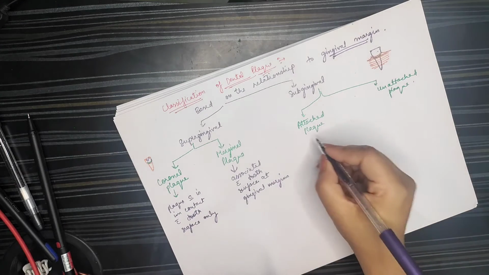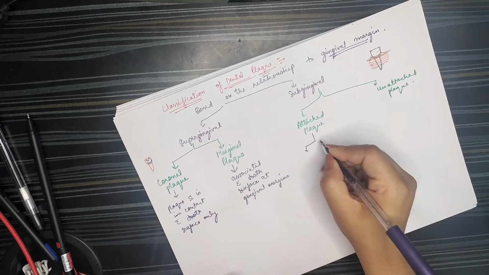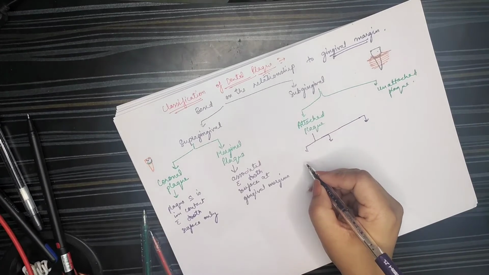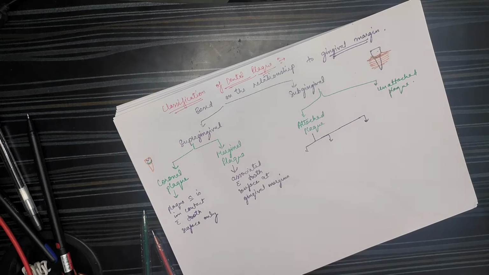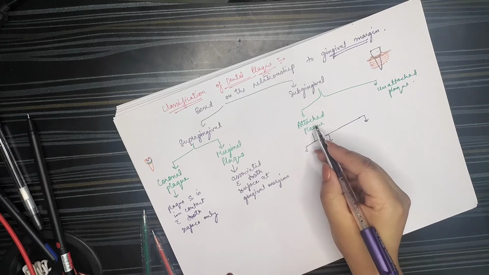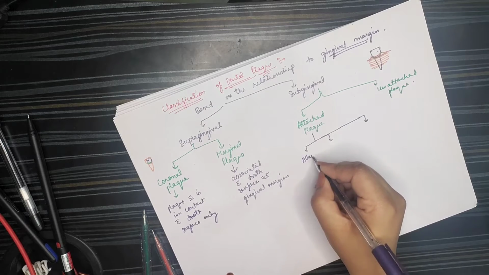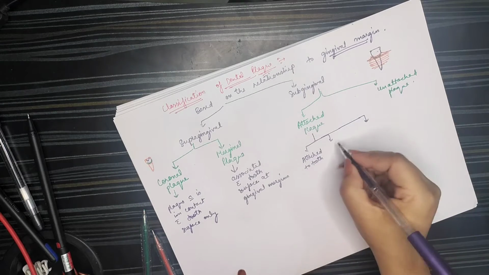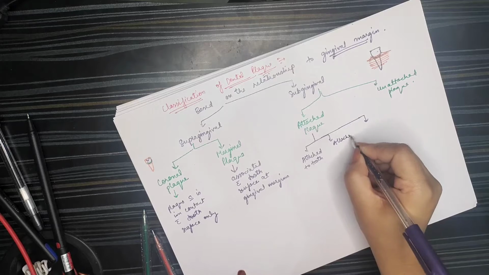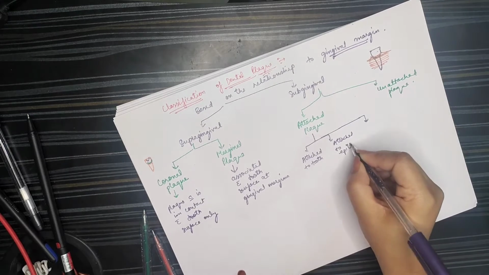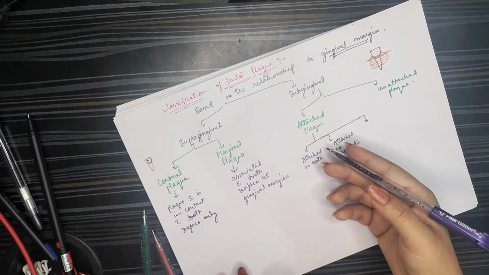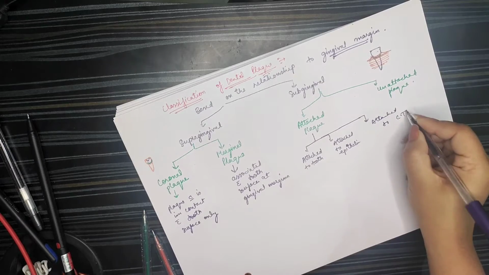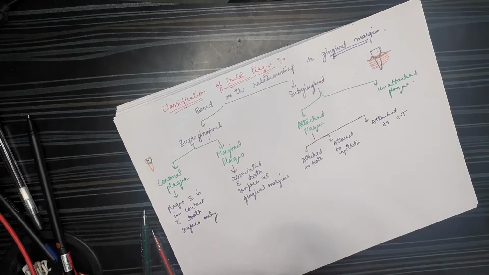The attached one can be further classified into three categories: the one which is attached to the tooth, or tooth associated plaque; the one which is attached to epithelium, or epithelium associated plaque; or the one which is attached to connective tissue, or connective tissue associated plaque.